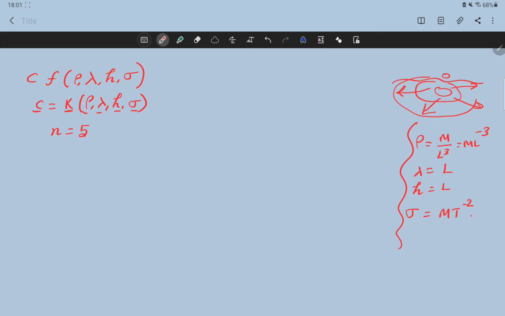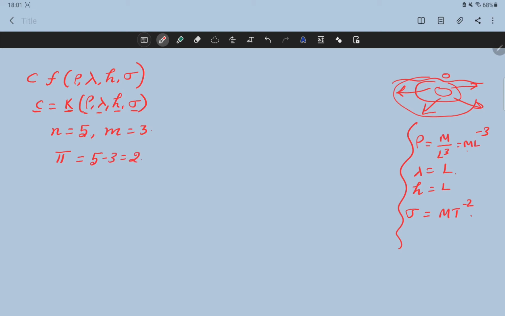So now think of it, how many fundamental variables do we have? M, L, and t. So these are the only things. So the number of fundamental variables m equals 3. So the number of pi terms equals 5 minus 3 equals 2.